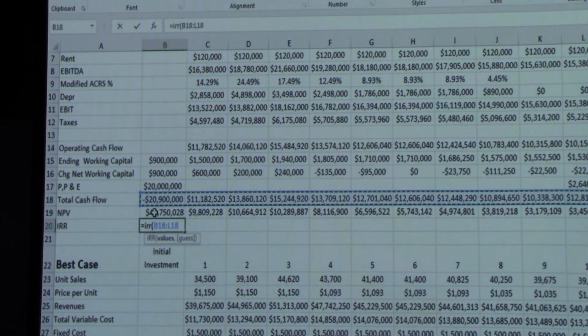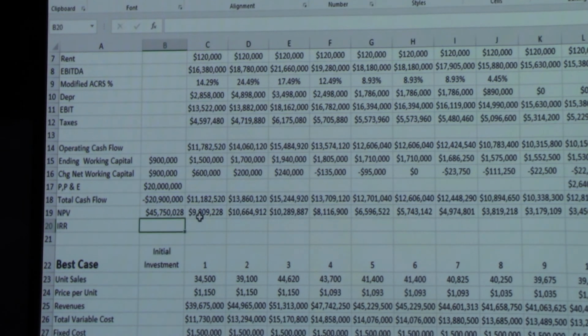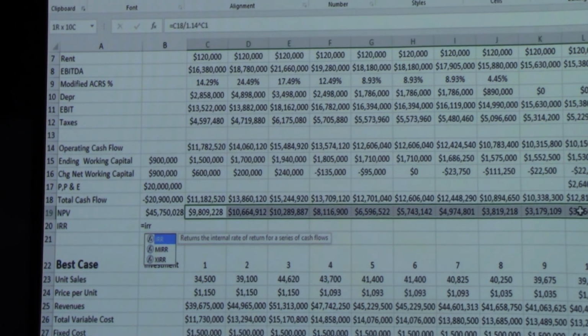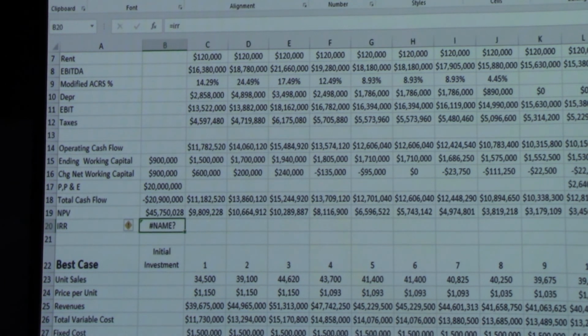No, we're going to put these cash flows. Equals IRR. And we'll put the present value of these cash flows in here. We're not done yet. But there we go.